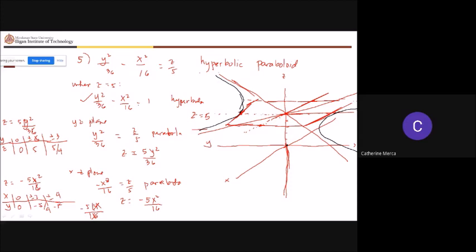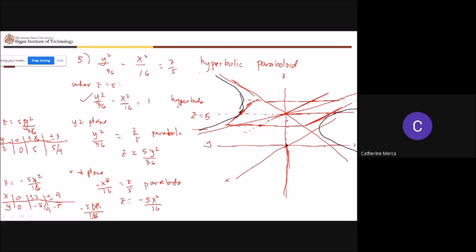When y is plus or minus 6, so at 1, 2, 3, 4, 5, 6, Z is equal to positive 5.